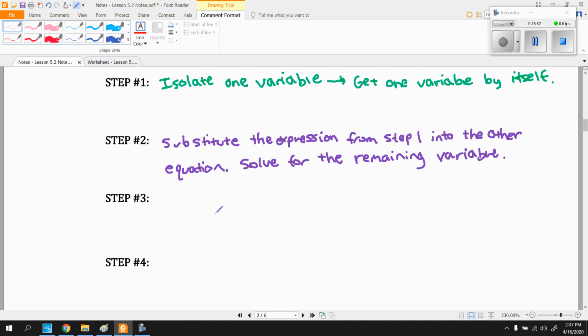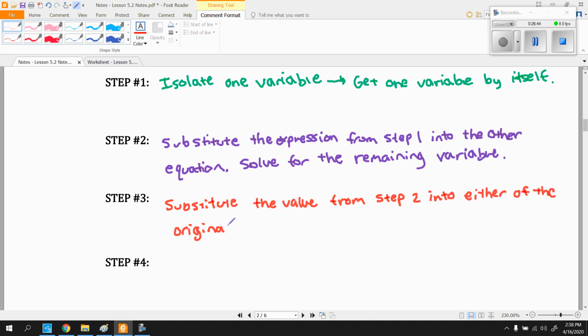So it's actually a second substitution. Substitute the value from step 2 into either of the original equations.